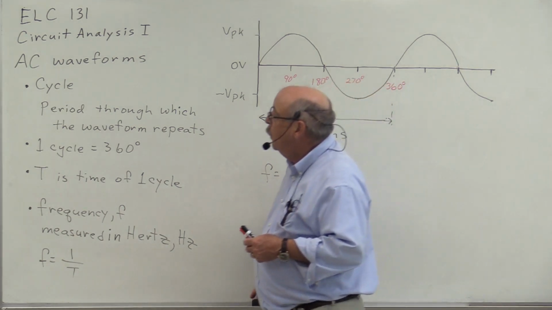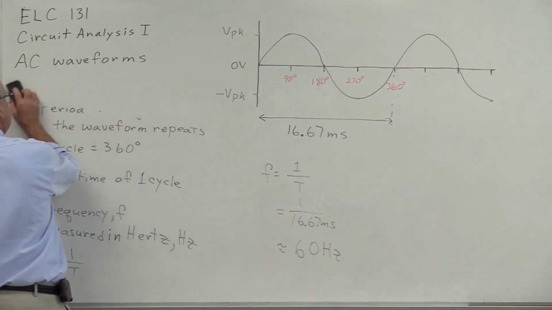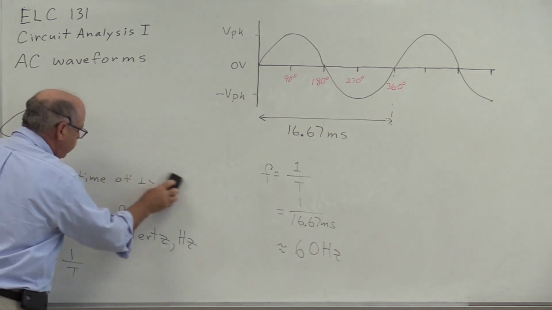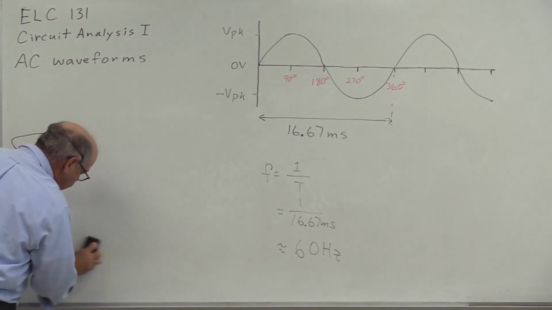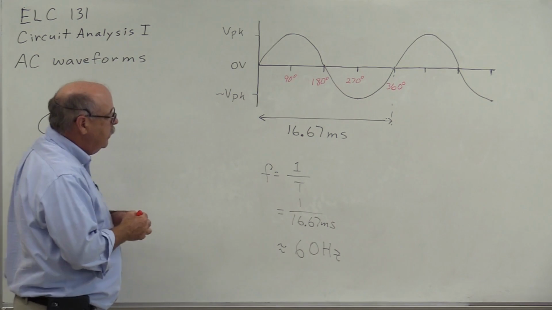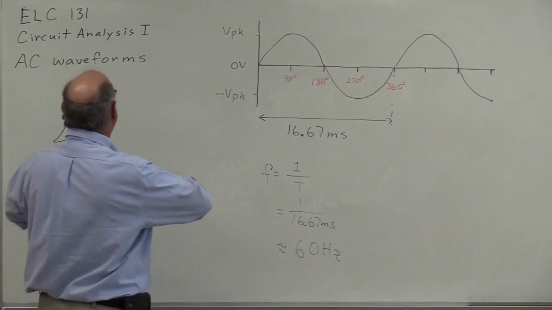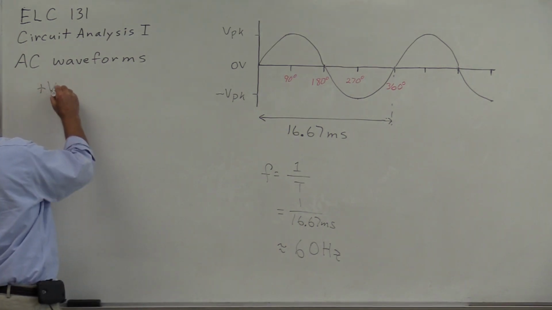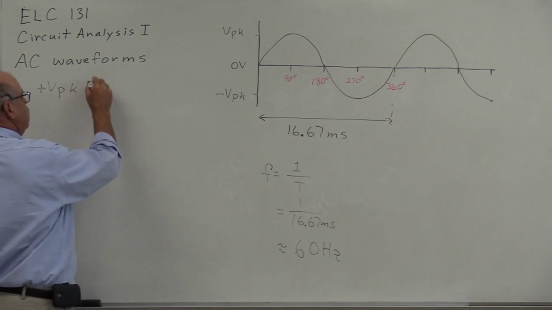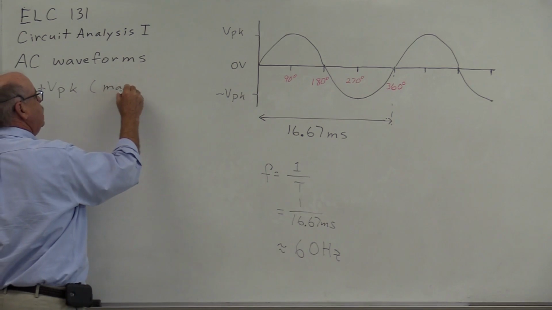Now, having looked at the horizontal domain, in the vertical domain, we can talk about these waveforms in terms of their peak value, which again is just the positive maximum value.